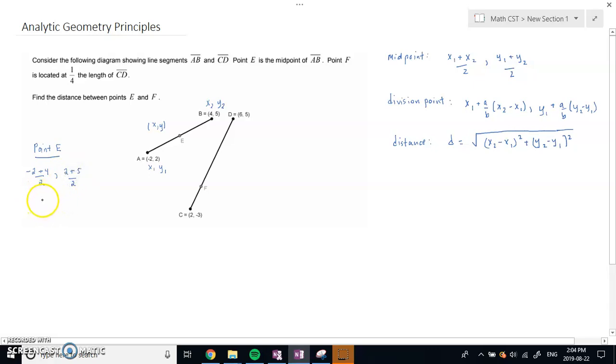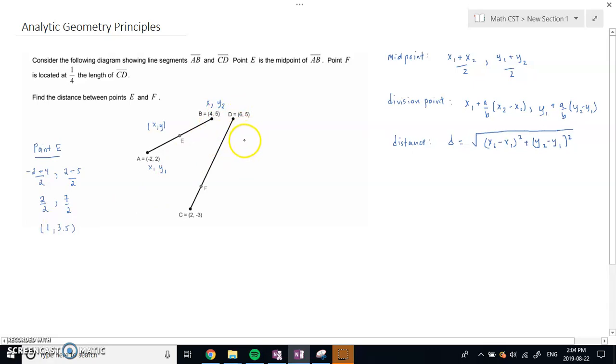So -2 plus 4 is +2. And 2 plus 5 is 7. And we can convert these to a decimal. Fantastic.